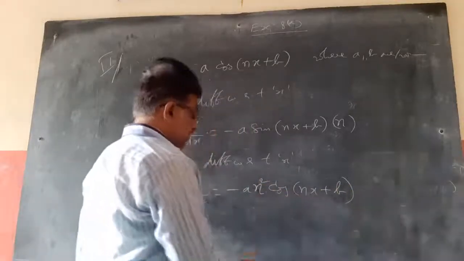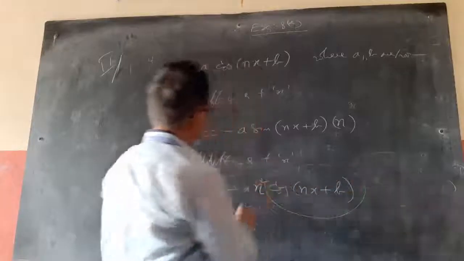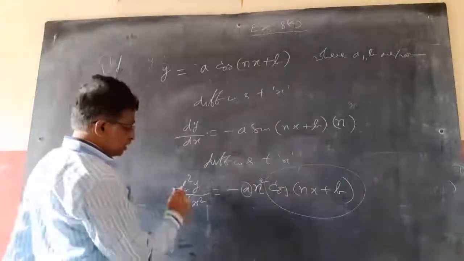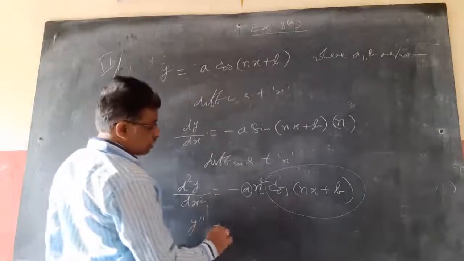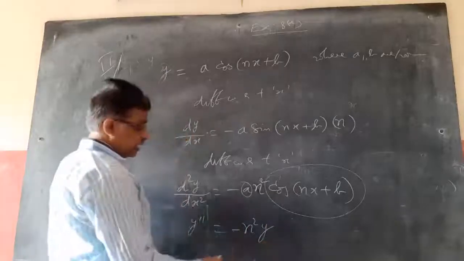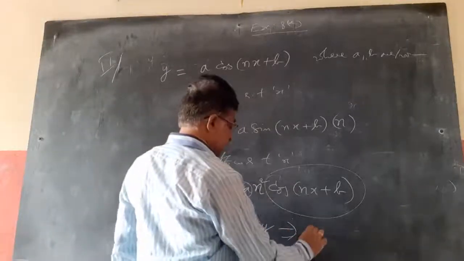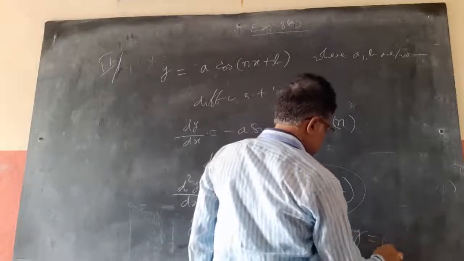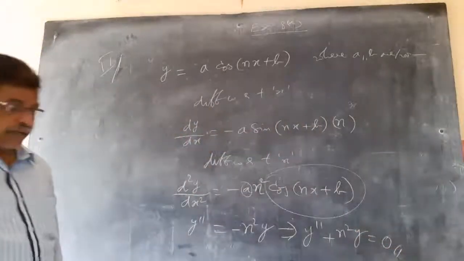So instead of a cos(nx + b), I can write y. So y double dash equals minus n squared y. If I bring it to this side, the equation becomes y'' plus n squared y equal to 0.